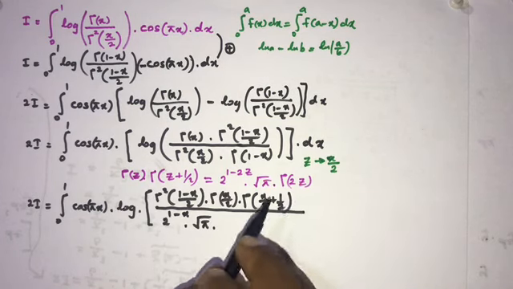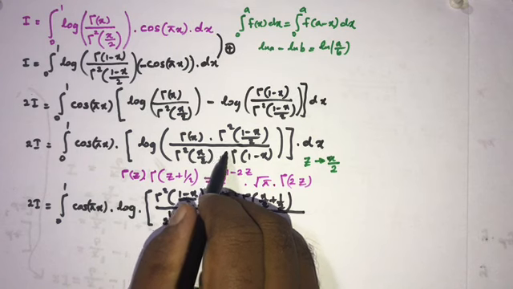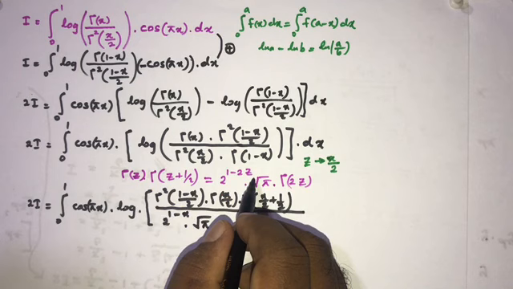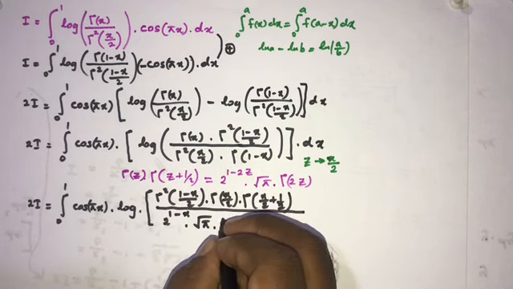Okay, then we should rewrite gamma of 1 minus x by using this formula. So here gamma square of x over 2, I rewrite.